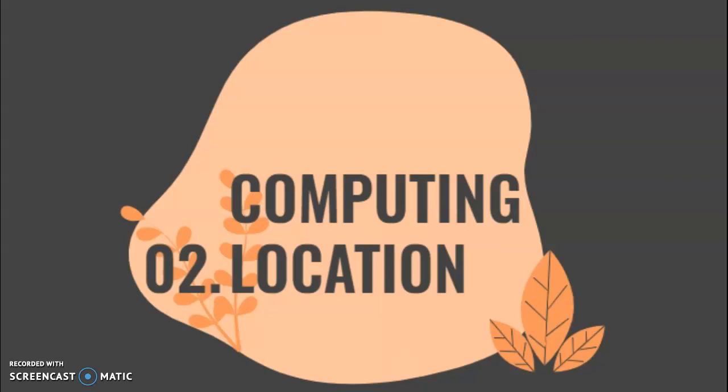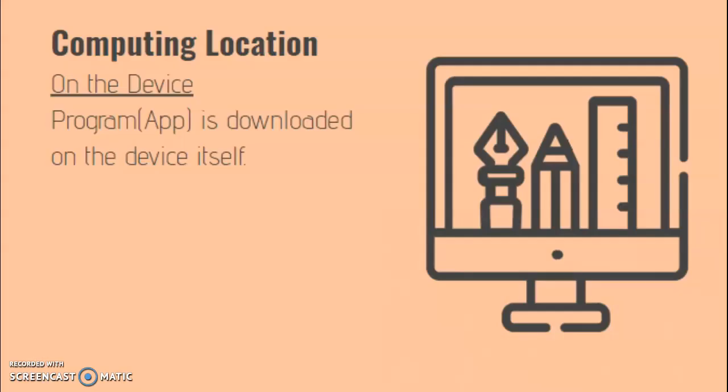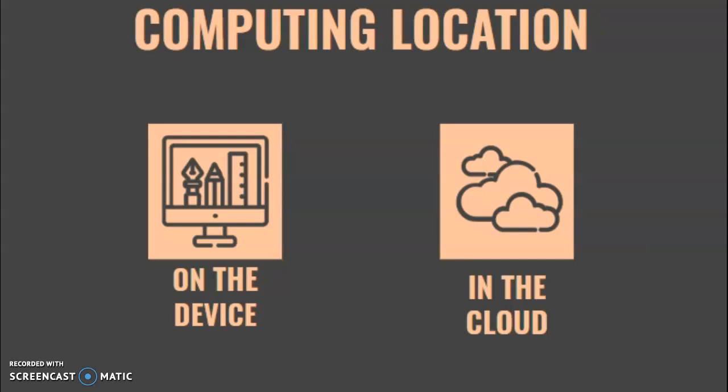Next one is computing location. The computing location is where the actual program is doing the work. We have a few different options for that we will talk about. First option is on the device. So that means the program is on the device and your actual computer sitting there is doing the work.